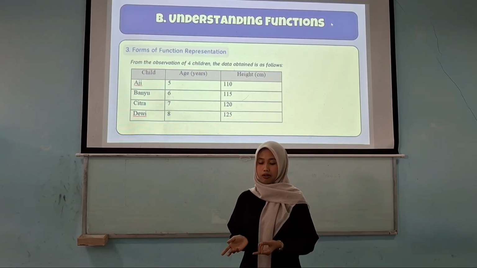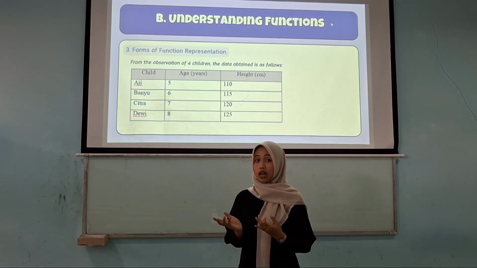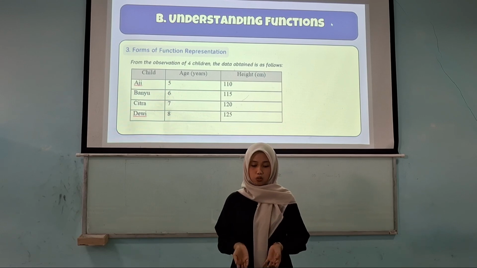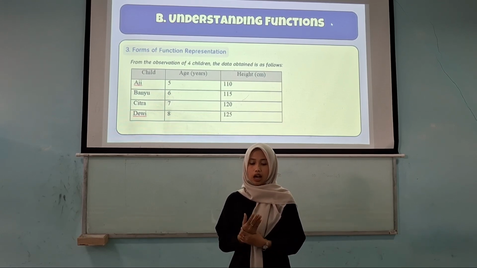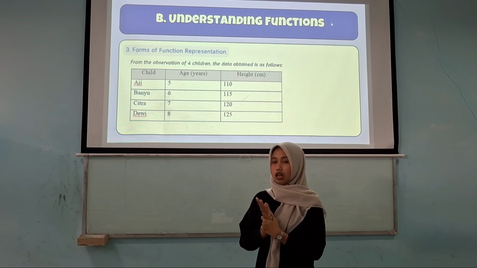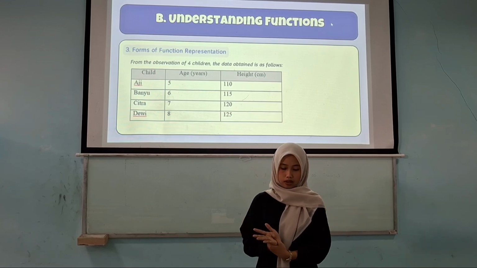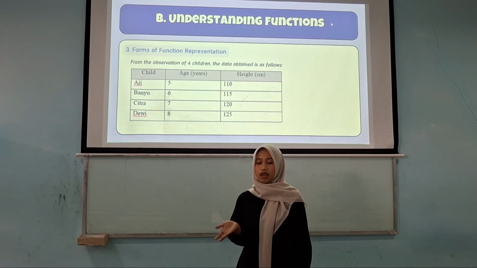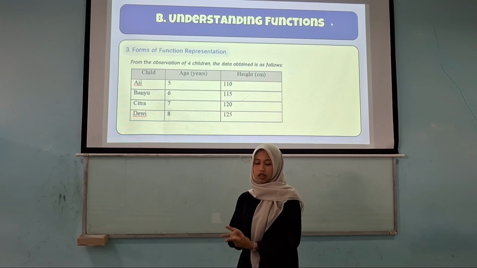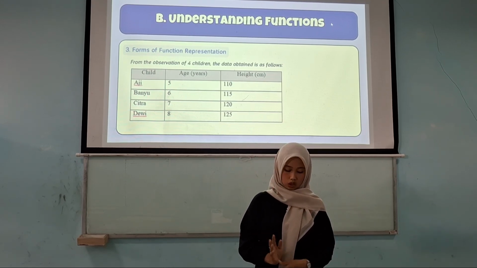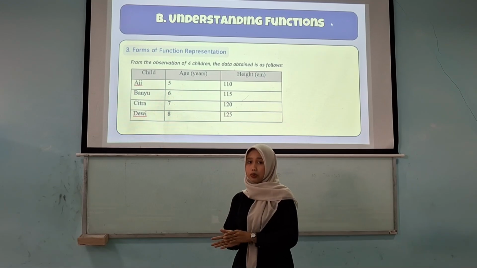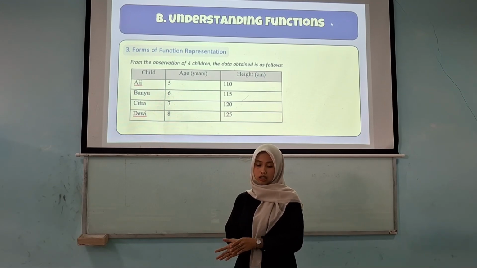Aji, age 5, height 110. Banu, age 6, height 115. Citra, age 7, height 120. And Dewi, age 8.